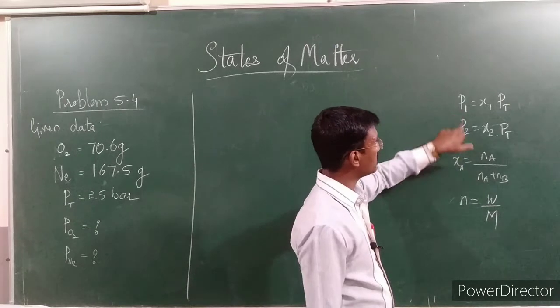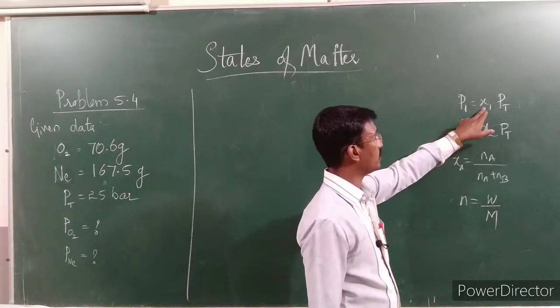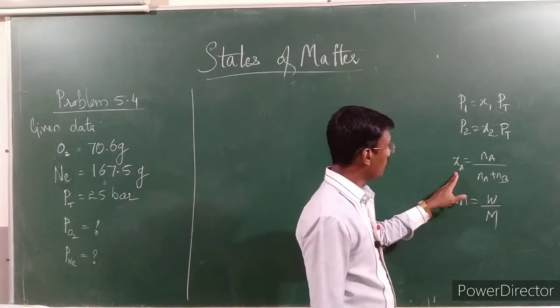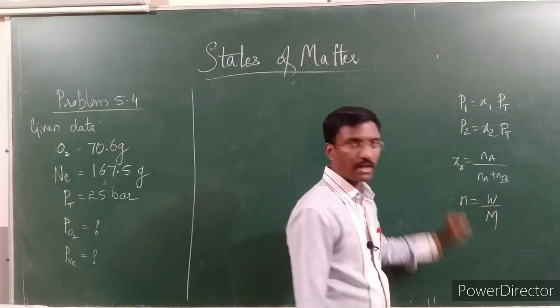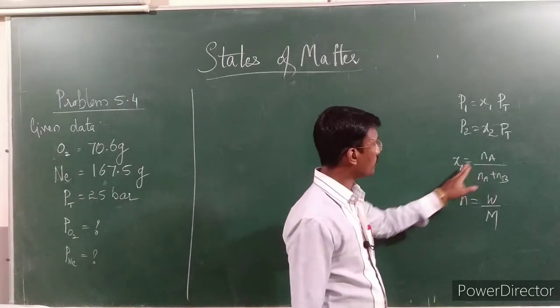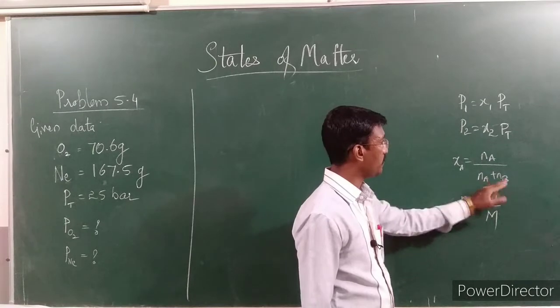So to calculate this equation, we need to calculate x. Whereas x is the mole fraction. The mole fraction can be calculated by the formula Na divided by Na plus Nb.